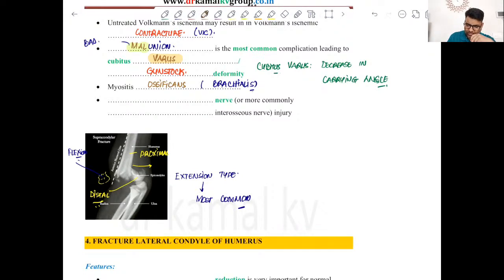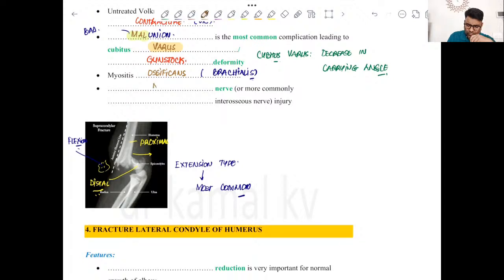And yes, there is involvement of median nerve, and more specifically one branch of median nerve, that is anterior interosseous nerve, right? So you can remember this sequence, and depending on the options you can mark your answer. If you get anterior interosseous nerve, mark it as the answer.